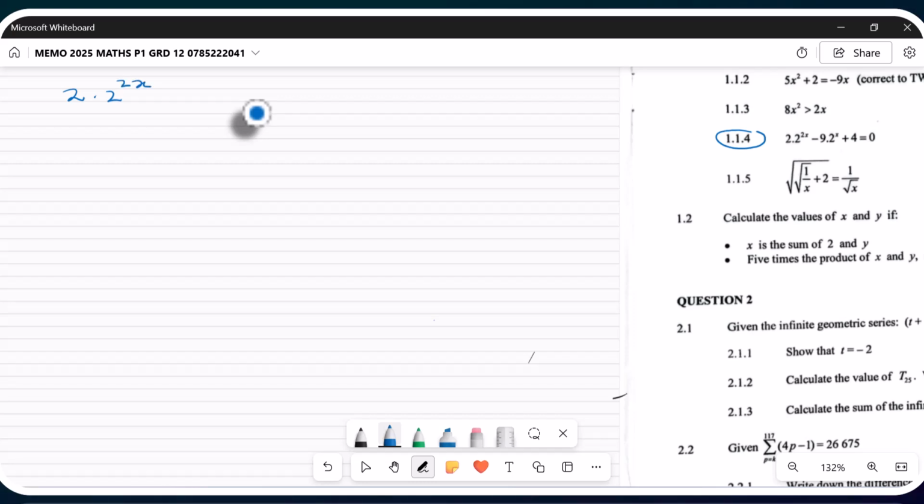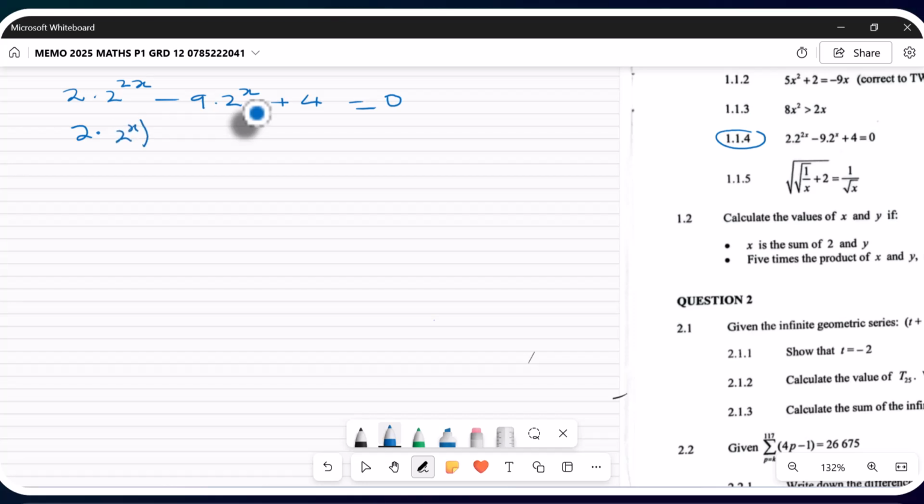Now what we do here, with the exponents, you can say this is 2 multiplied by 2 power x, then you can say squared here, that's allowed in exponents, okay? Then minus 9 again into 2 power x, and then plus 4 equals to 0.